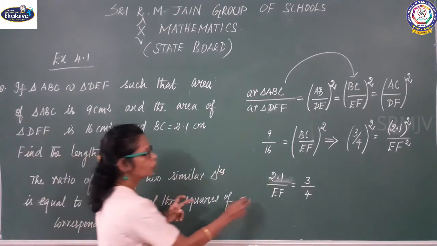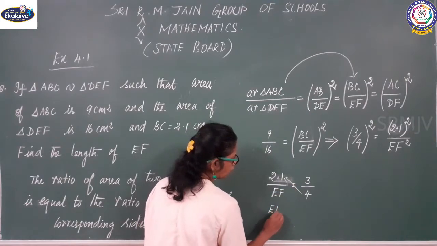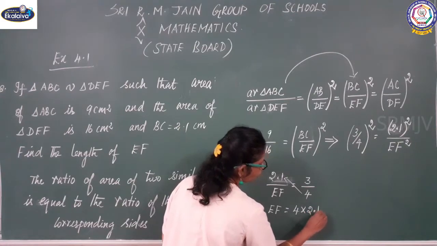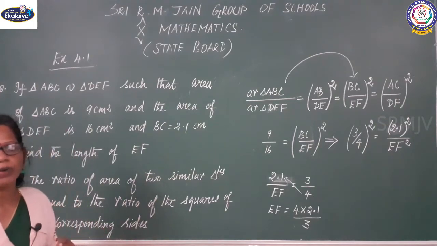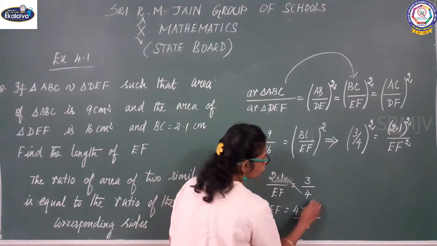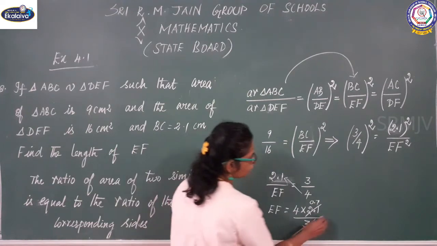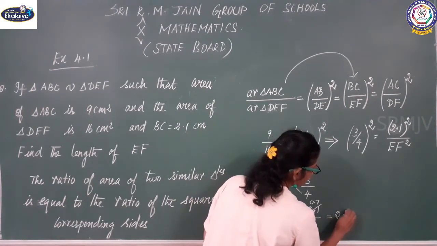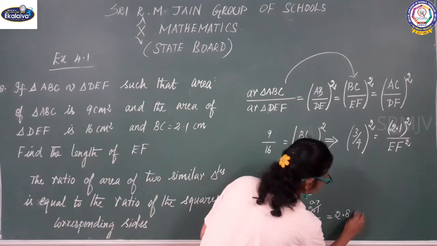Now EF equal to 4 into 2.1 divided by 3. 4 into 2.1 divided by 3. 0.7. Now what is the answer? EF equal to 2.8. Measurement they have given as a unit centimeter.